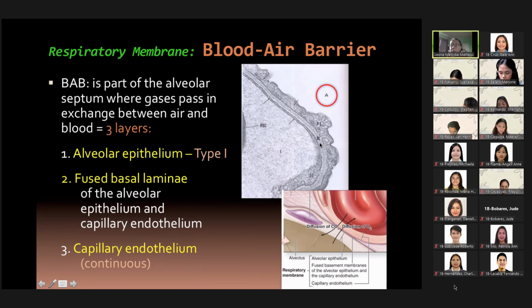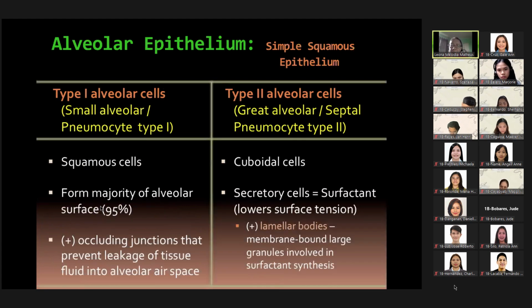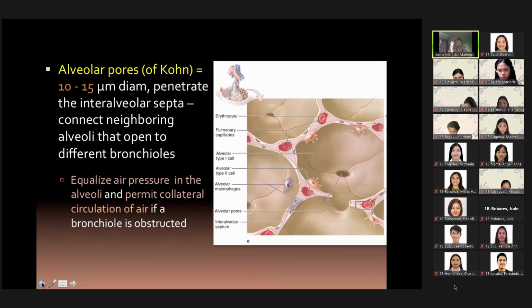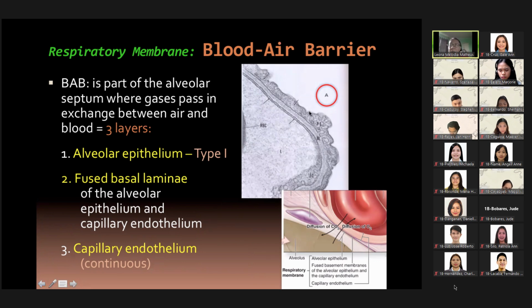And in between them, the fused basal laminae of your alveolar epithelium and your capillary endothelium. All these three make up what we call the blood-air barrier.